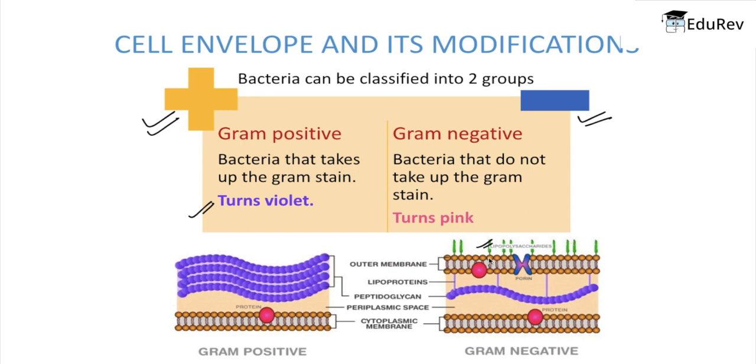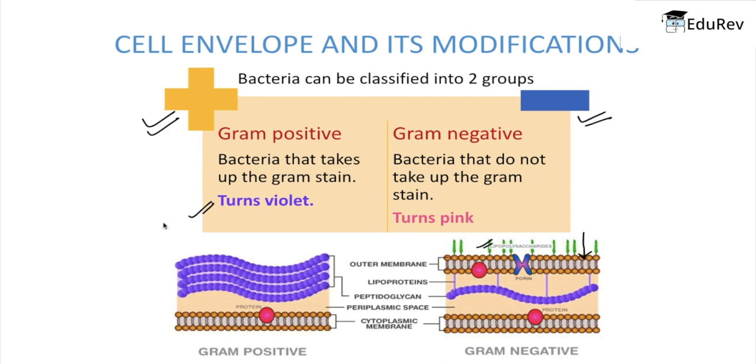The presence of the lipopolysaccharide membrane is another reason that these gram-negative bacteria are resistant to antibiotics. It means the antibiotics are not able to cross this membrane, and it provides better resistance in the case of gram-negative bacteria. That is the reason gram-negative bacteria are harder to kill as compared to gram-positive bacteria.